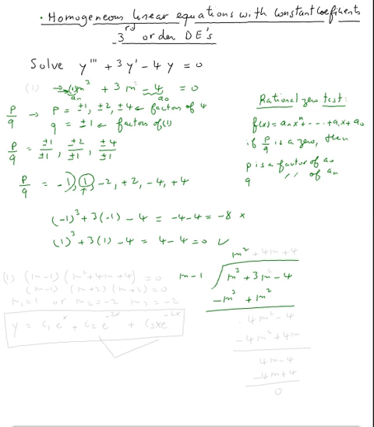If I add, m cubed minus m cubed is gone, and we get 4m squared. I just realized there's a mistake here. This is supposed to be m squared, right? And so this is m squared. So I'm adding these, I get 4m squared minus 4.